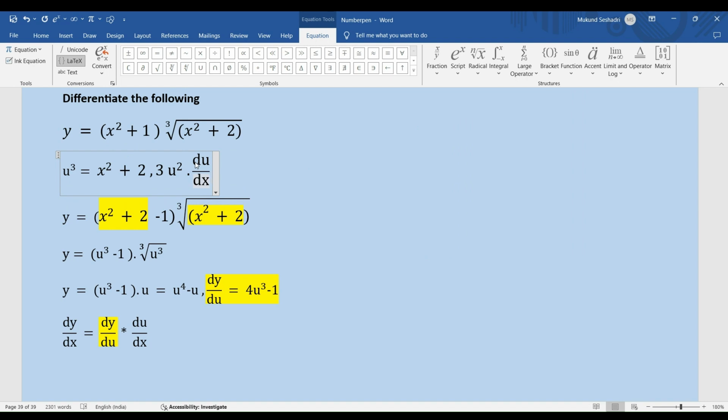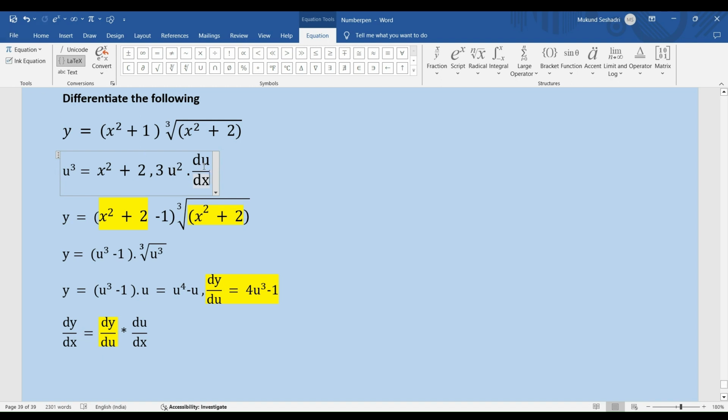I'm still applying the d by dx of x to the power n formula to solve this particular du by dx, right? Just that instead of writing u equals cube root of x square plus 2, I have written it as u cube equals x square plus 2, and I have done a differentiation on either side, right?